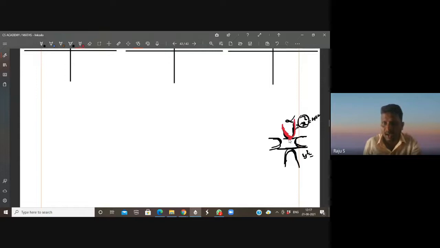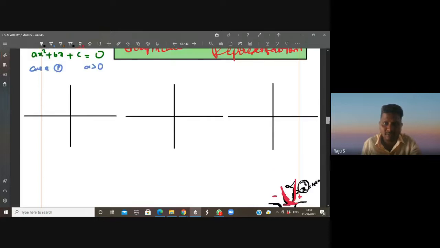At a certain point the slope will be 0. Decreasing means minus, increasing means plus. Plus to minus gives the maximum value. Decreasing, then at a certain point 0, then increasing gives the minimum value. That we will discuss briefly in class 12.